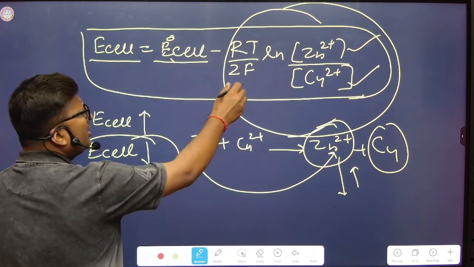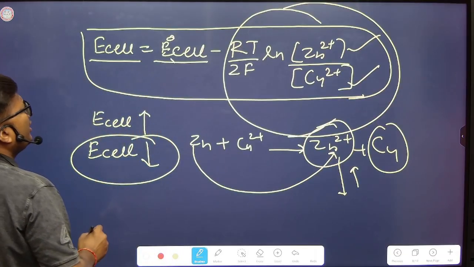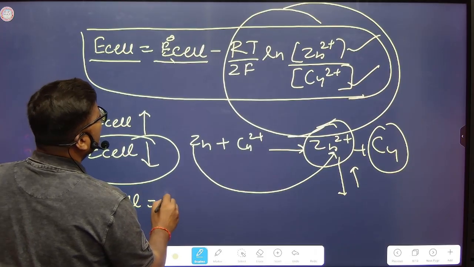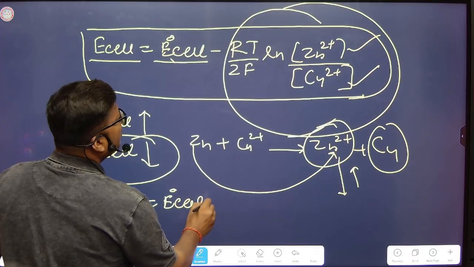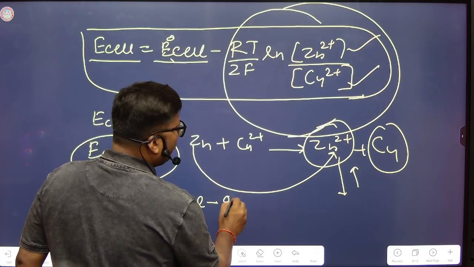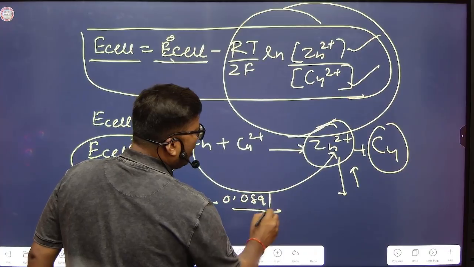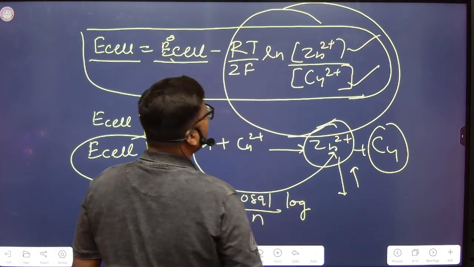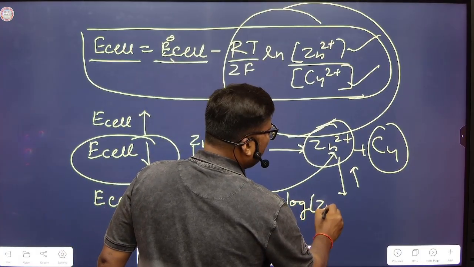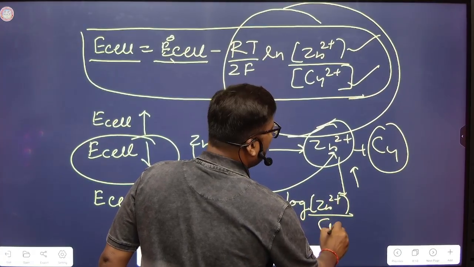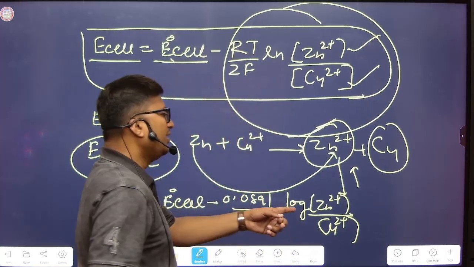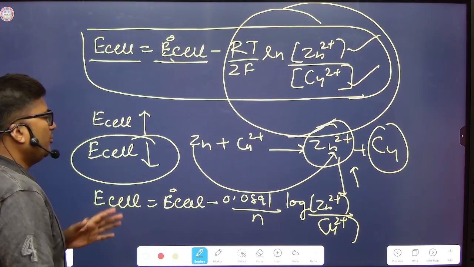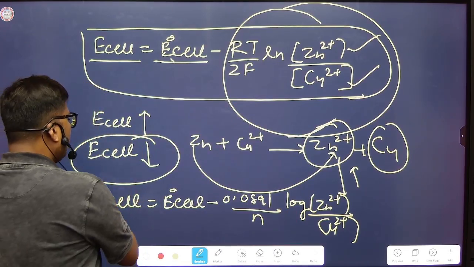Actually we can convert this ln into log, right? So E cell will be E naught cell minus 0.0591 upon n log Zn2+ upon Cu2+. So log here is base 10, and ln is base e. In both ways it can be measured, right?